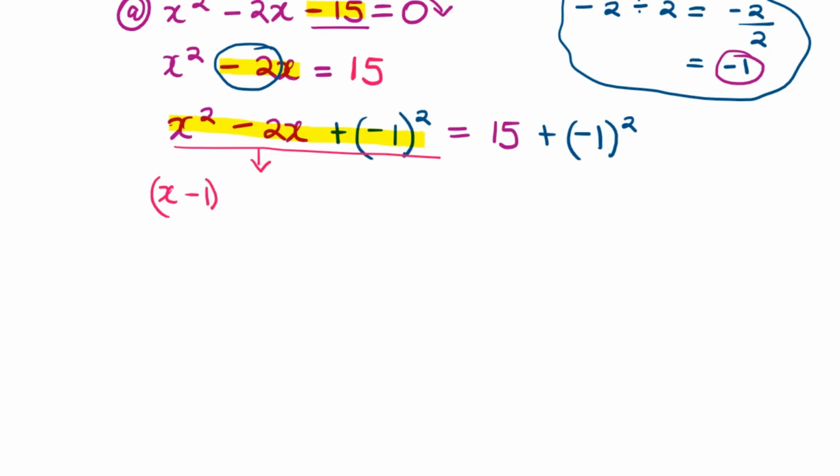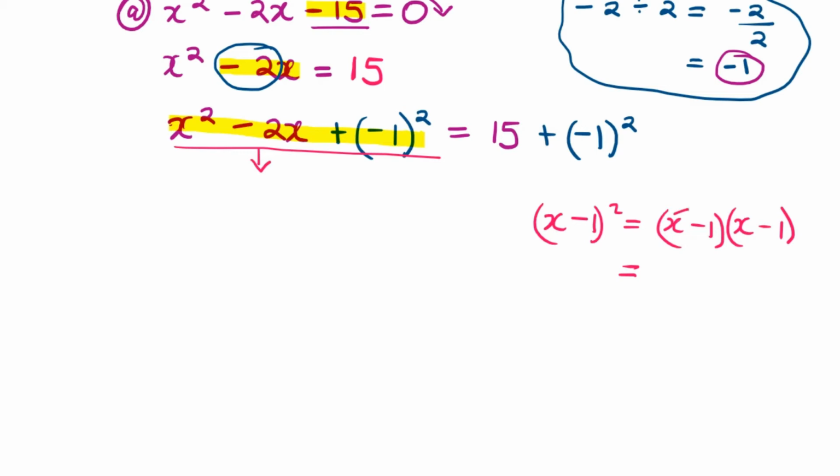Let me write it here. x minus 1 squared is the same as x minus 1 times x minus 1, in the algebra expansion. We know that x minus 1 squared means x minus 1 should multiply itself 2 times.